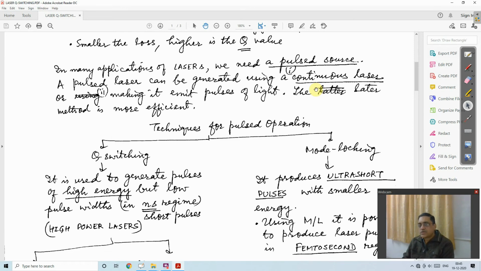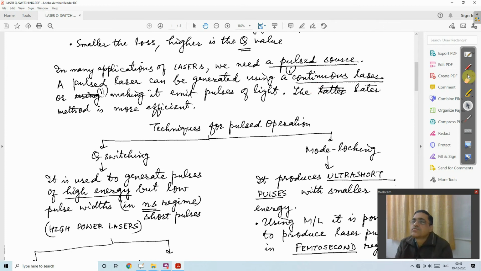Making the laser emit pulses of light is a bit easier, though the devices may be more cumbersome to operate. So first you generate a continuous laser and then convert it to a pulsed laser, so costs become higher.